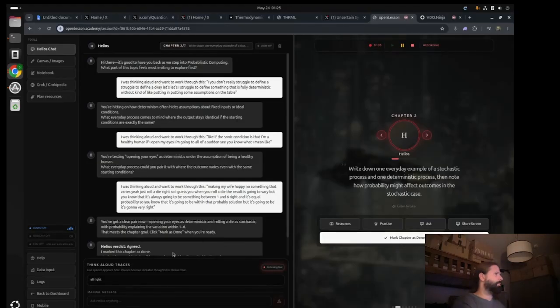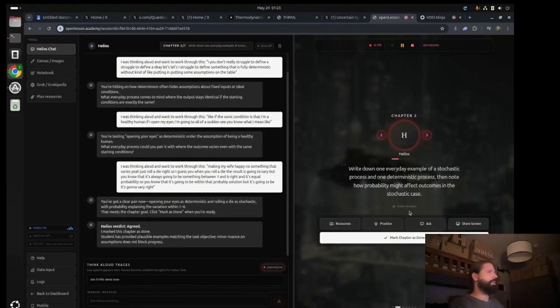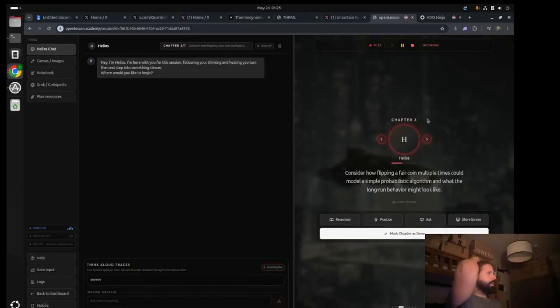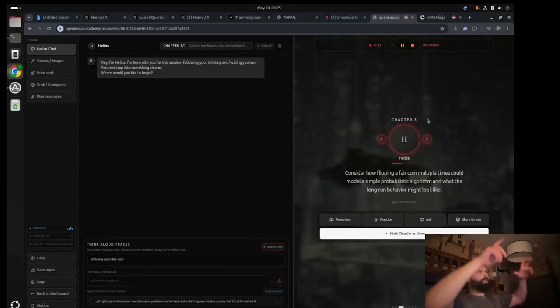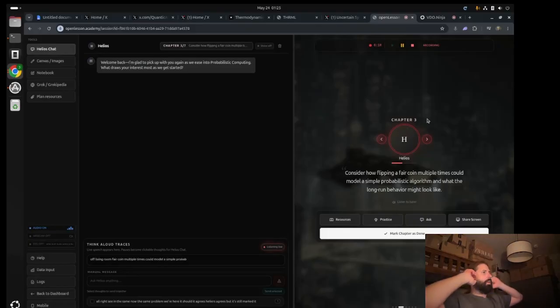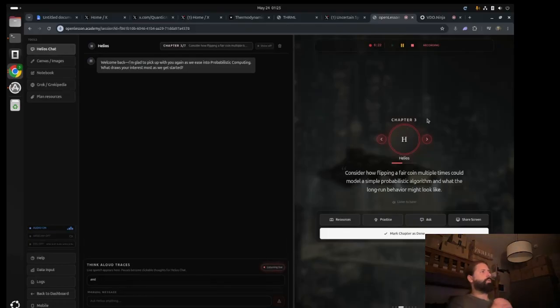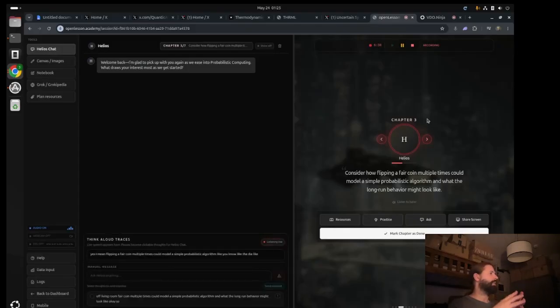All right. You see, the same problem here. It agrees, Helios agrees, but it's still marked as not done anyway. The next prompt: flipping a fair coin multiple times could model a simple probabilistic algorithm and what the long-run behavior might look like. Okay, so yes, flipping a fair coin multiple times could model a simple probabilistic algorithm, like the die example.